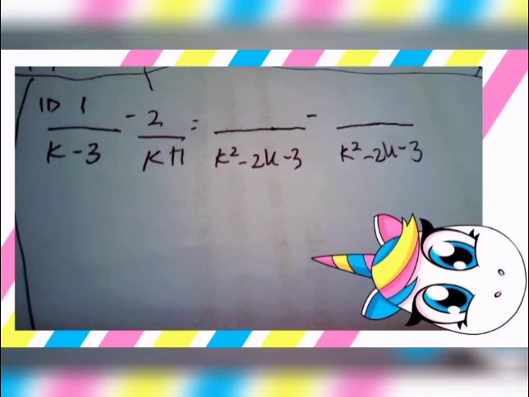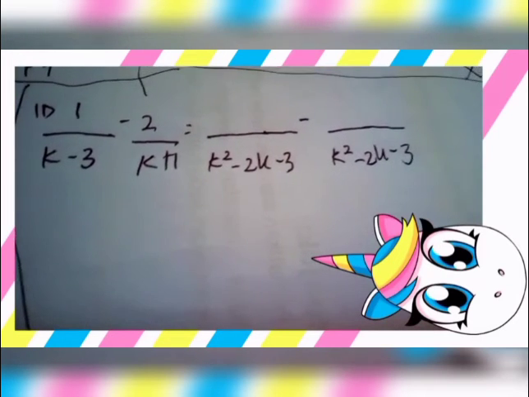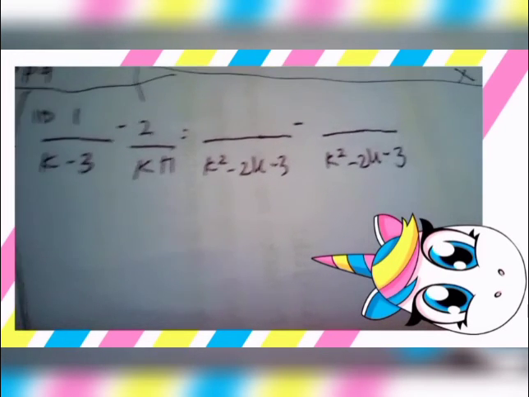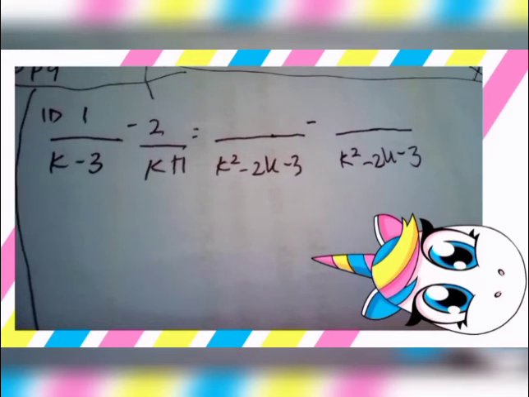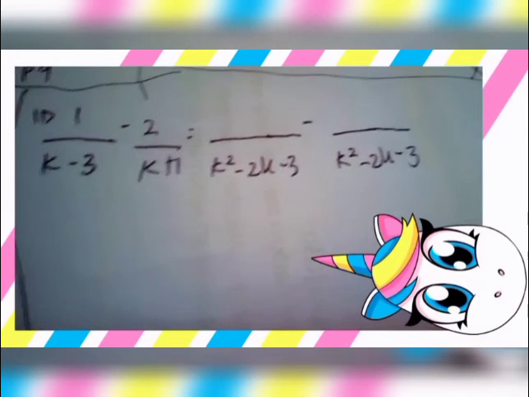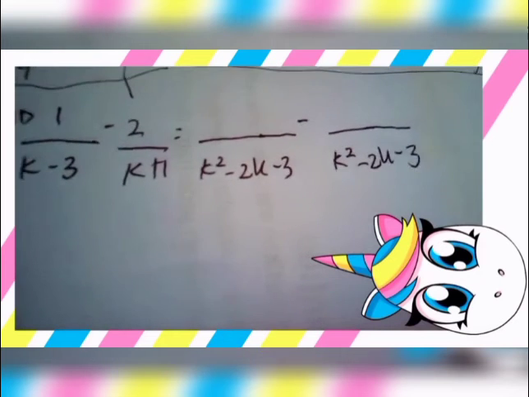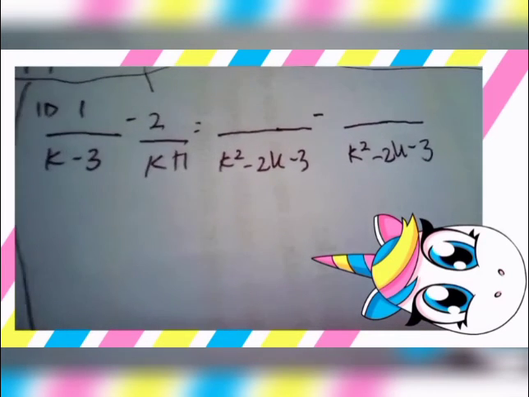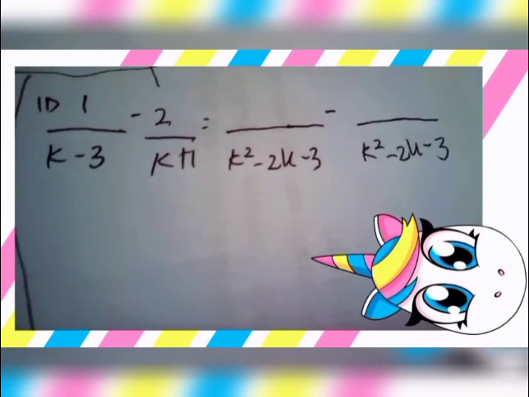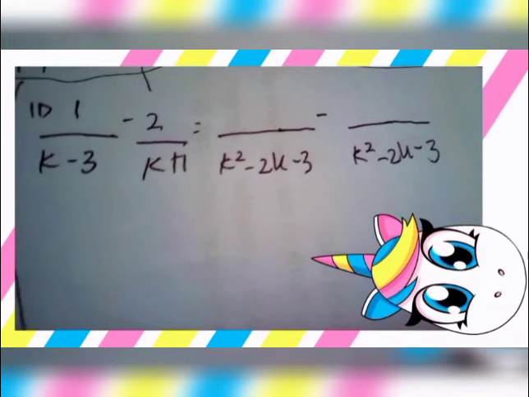The second, looking for the numerator after the denominator is equalized. In the first fraction, the denominator is k squared minus 2k minus 3 divided by k minus 3 equals k plus 1.